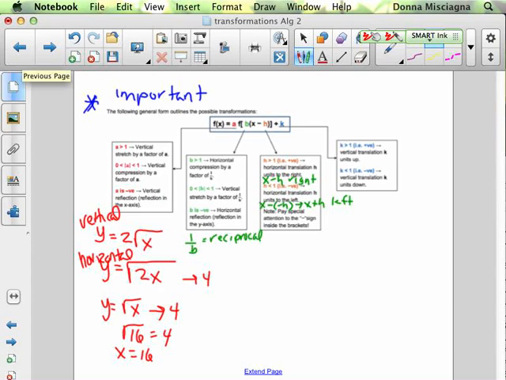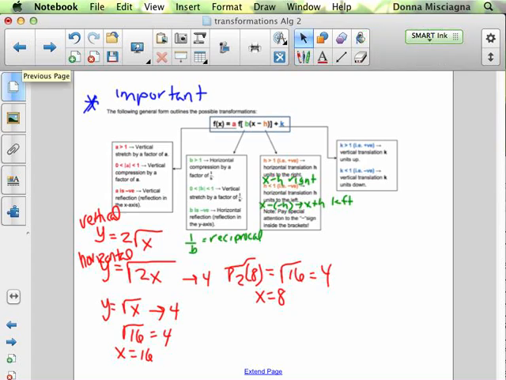This time I only need to plug in 8, because 2 times 8 is 16, which is 4. So now x only equals 8. I don't need a value twice as much, I need a value half as much. It's going to take half as long to get to the same point because I'm multiplying by 2.